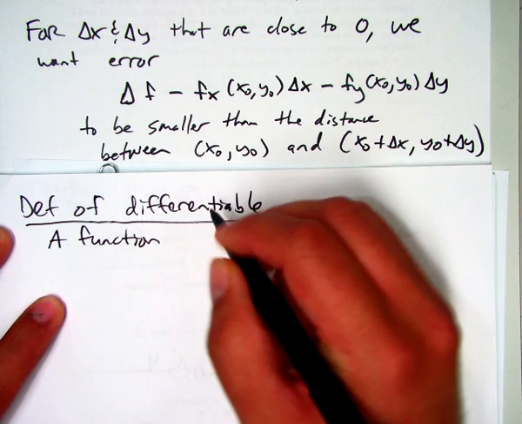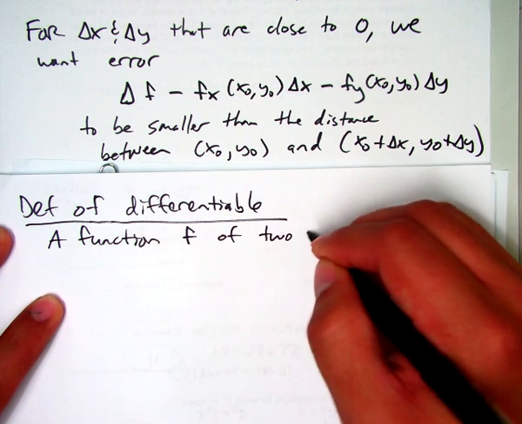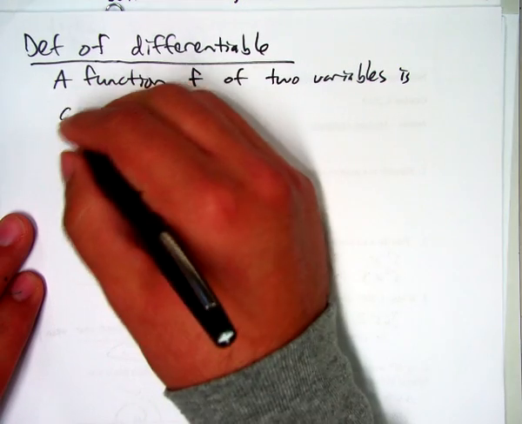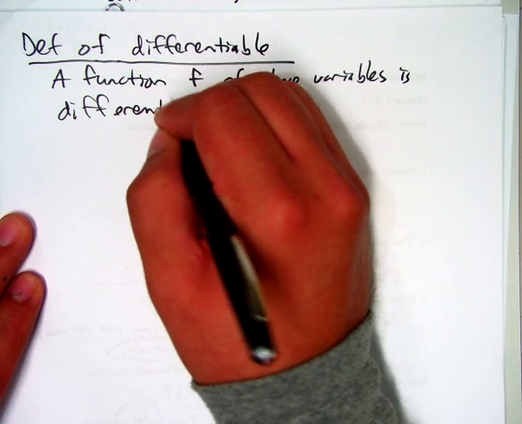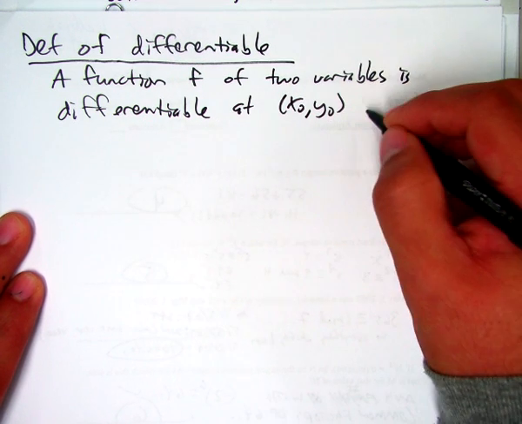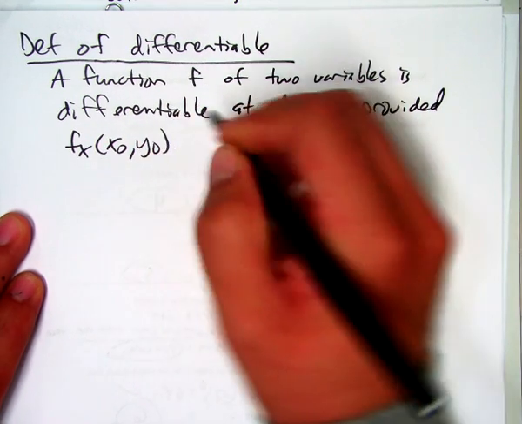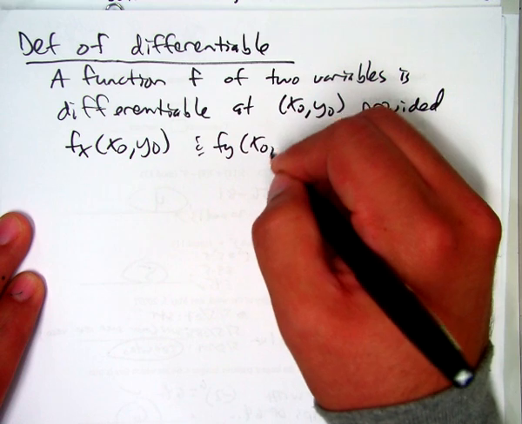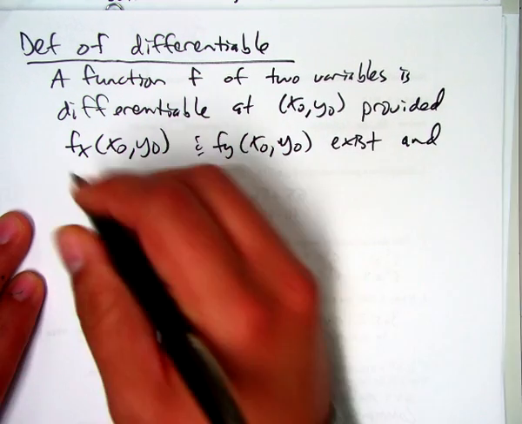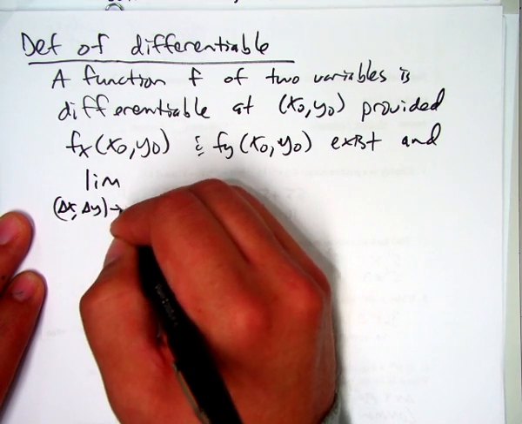We say a function f of two variables is differentiable at x naught, y naught, provided that partial x exists and partial y exists, and the final piece, the limit as delta x and delta y both go to 0.